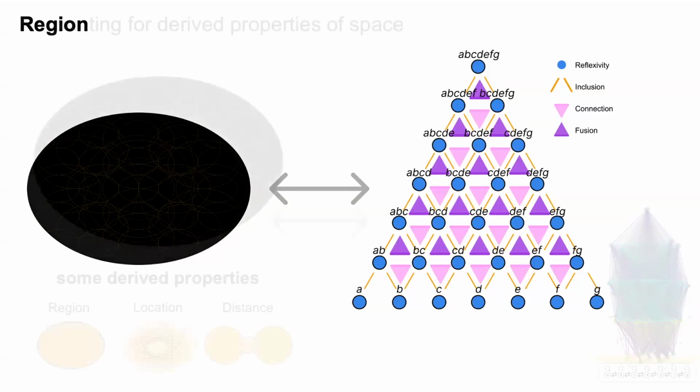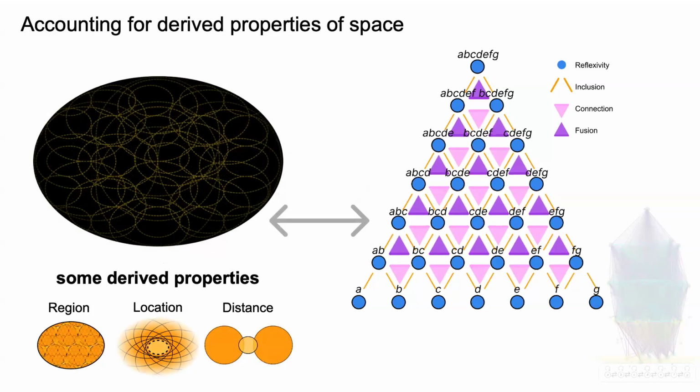Okay, so one important point is that we talked about the essential properties of space, but then of course there are a lot of derived properties, and if the account of IIT is correct, all these derived properties should again require no additional ingredients.